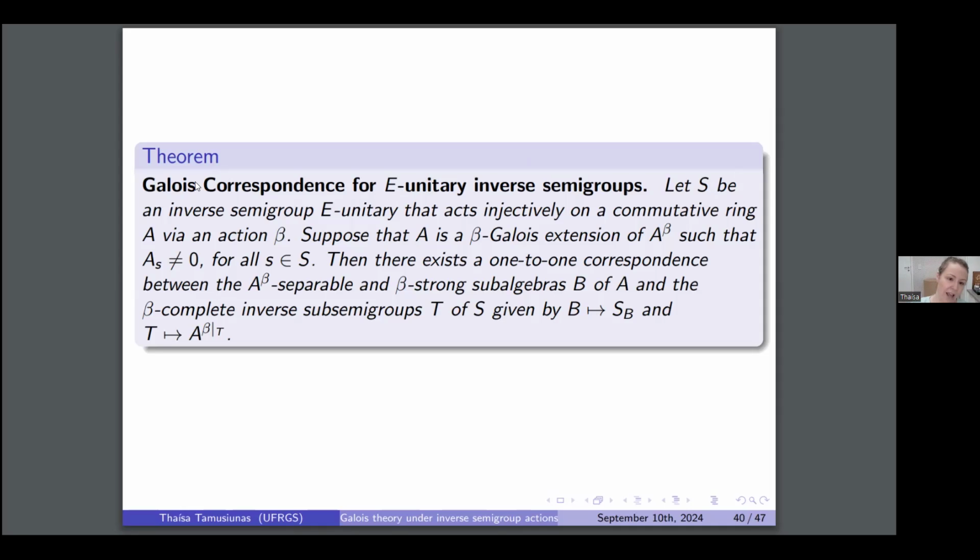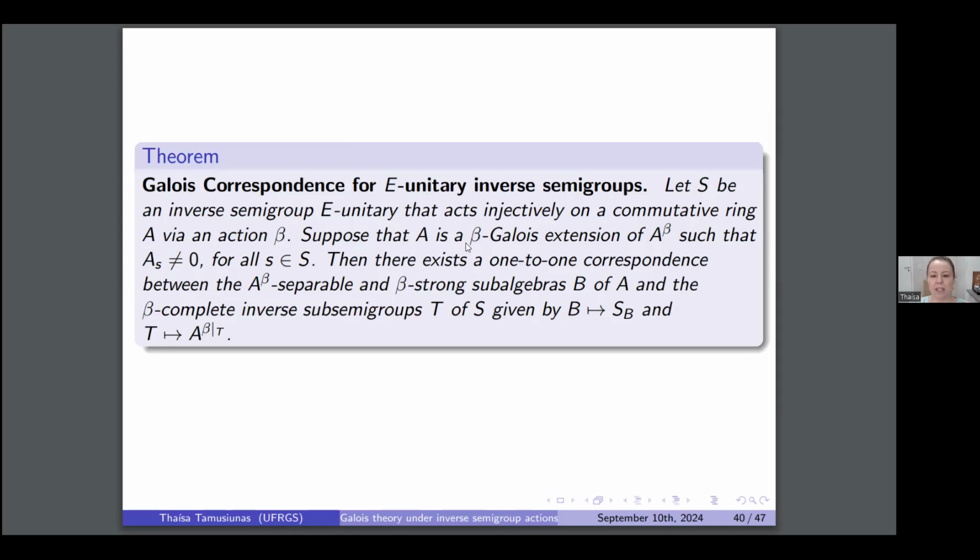S is a finite inverse semigroup, which is E-unitary, and that acts injectively on a commutative ring. Here, the correspondence is concerning commutative rings. The first correspondence that I said before is also under commutative rings, and the next will also be on commutative rings.